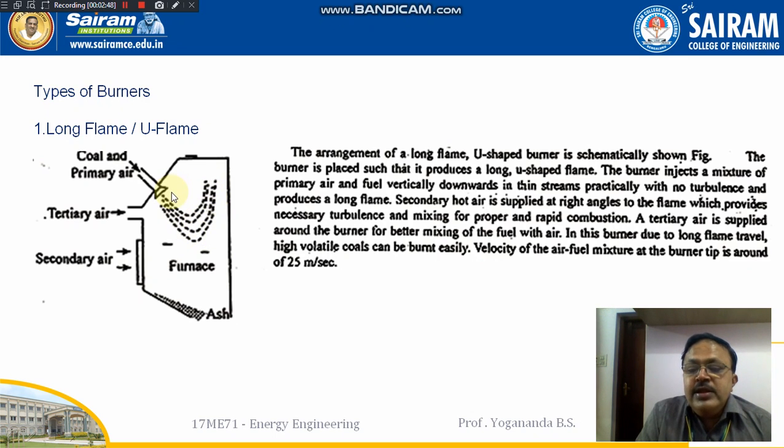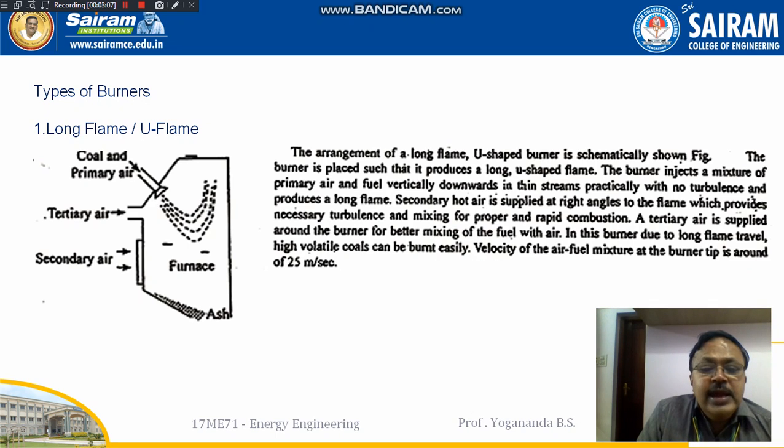The burner will inject the mixture of primary air and the coal vertically downwards in thin streams with no turbulence and produce the long flame. So here the flame is long, so much turbulence is not created.